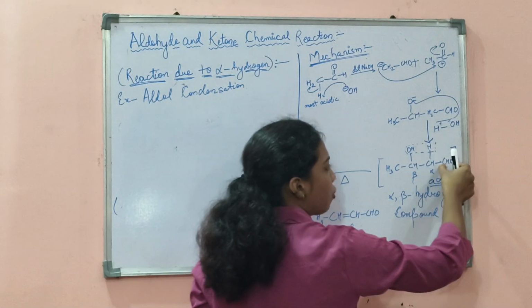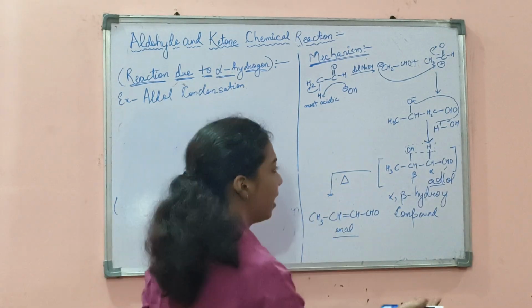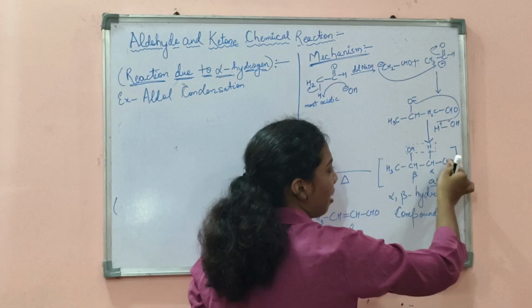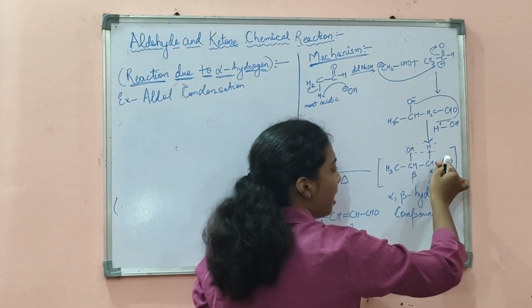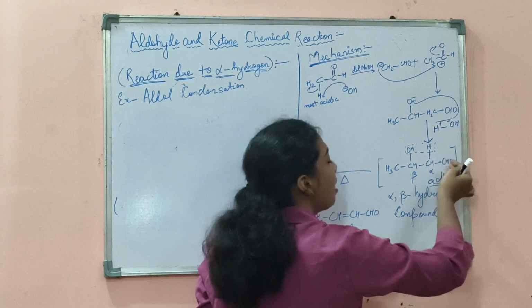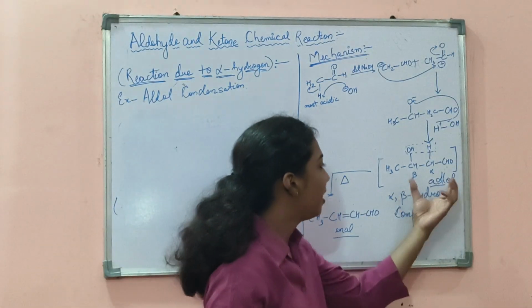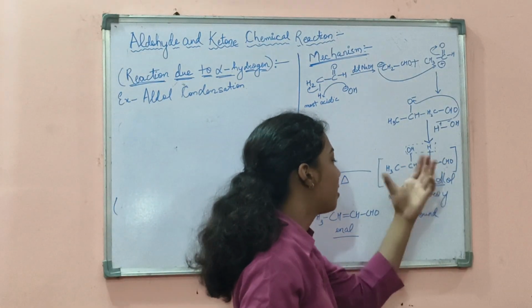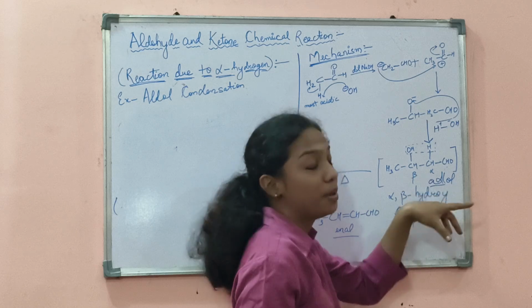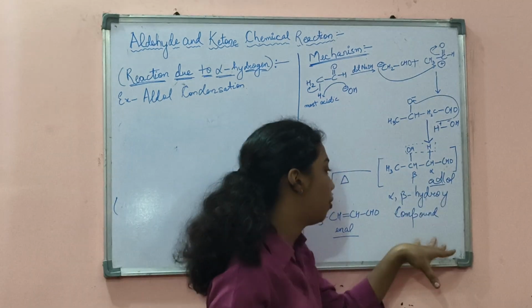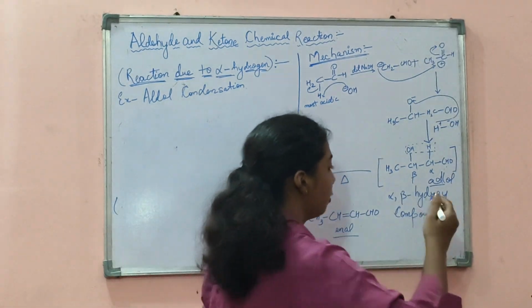Here, CHO is the main functional group. After the carbon of the CHO functional group, the next carbon we call alpha, and after that we name it beta. So how are we describing this complex? We are calling it an alpha beta hydroxy compound.